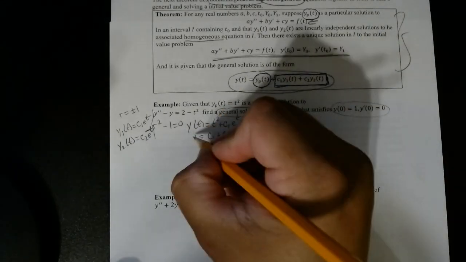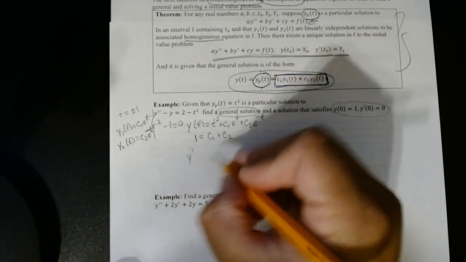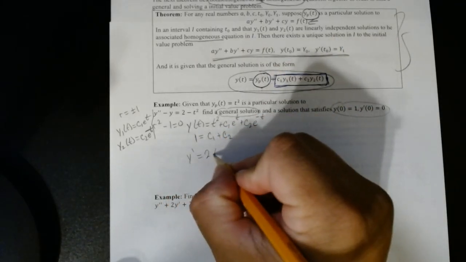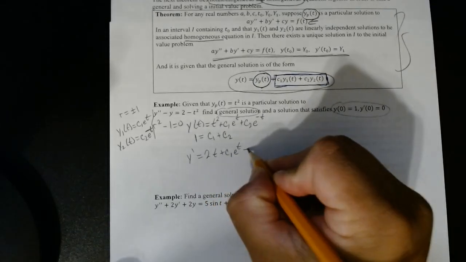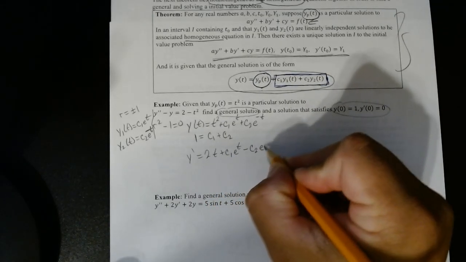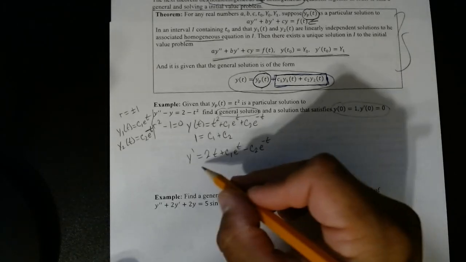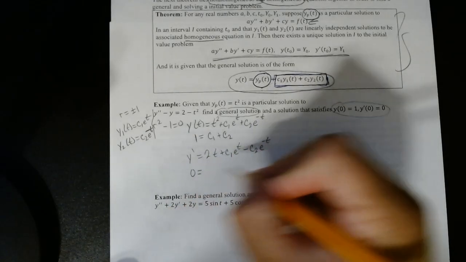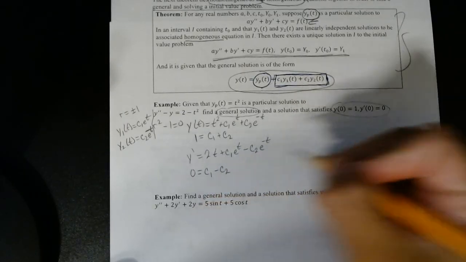Okay, so then taking the derivative of this, and again plugging in 0 for t, and this time it equals 0, so that goes away, and we just get c1 minus c2 now.